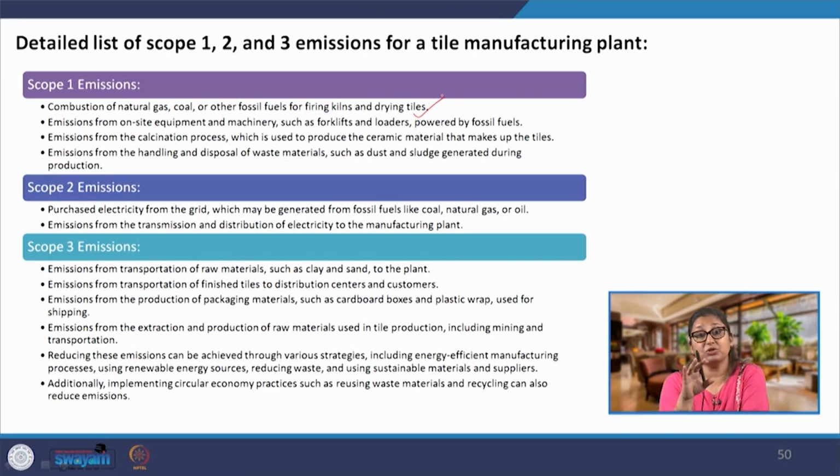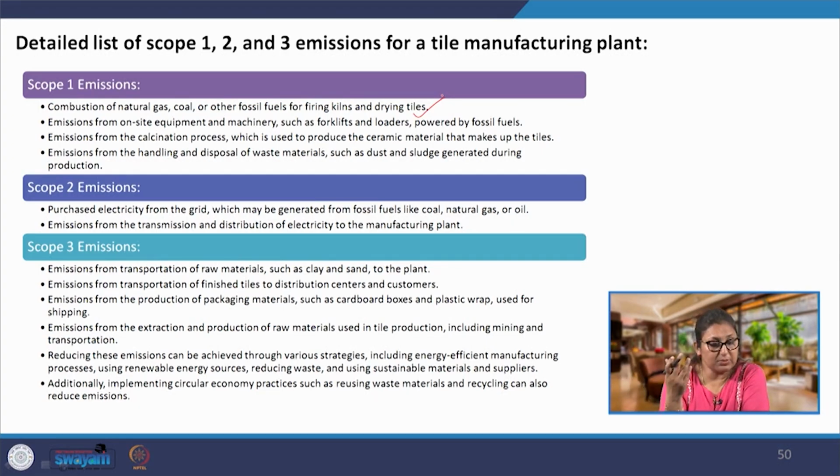Then the emissions could be as a result of certain chemical processes. For example, in this case calcination as a process will release certain amount of gases, and that is again part of process. So, these are process emissions.